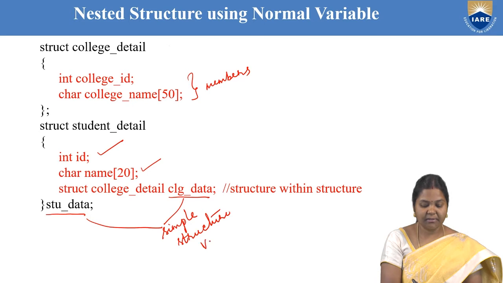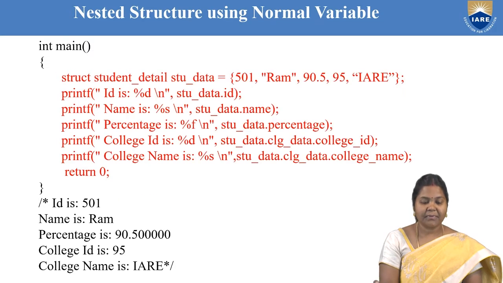Now, how do we use these variables to access the members of the structure? Normally we use either the dot operator or the arrow operator, but when the structure variable is a simple structure variable, we use the dot operator to access the members of the structure.